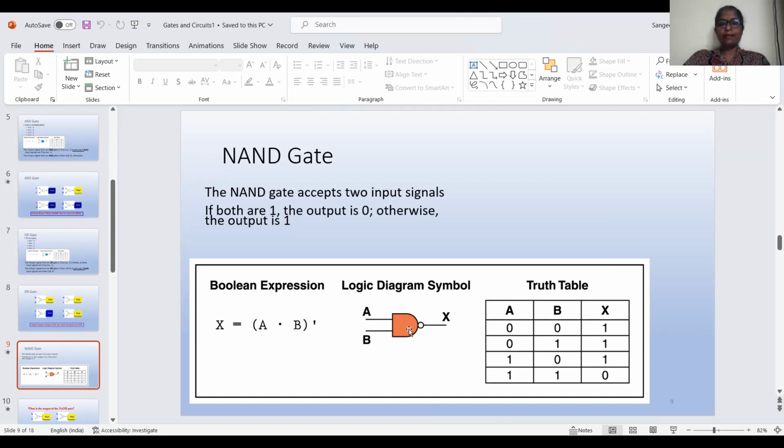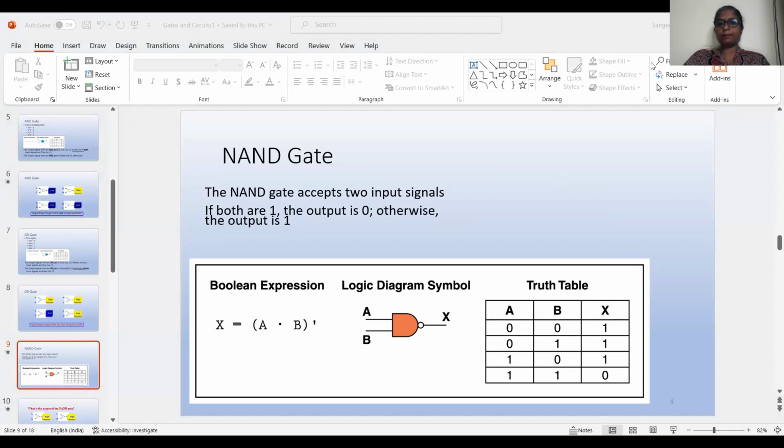So, an AND gate with negation is called a NAND gate. The negation is that small bubble here, the NOT gate. This bubble represents a NOT gate. If you separate this AND function and this bubble, it will be an AND gate and a NOT gate. The truth table, let me calculate it for the NAND gate so you can understand it.